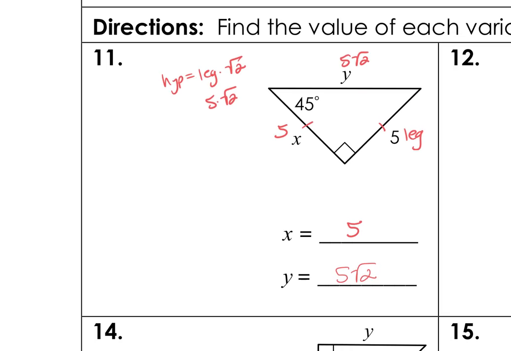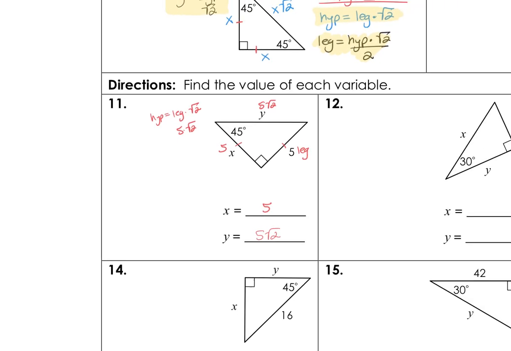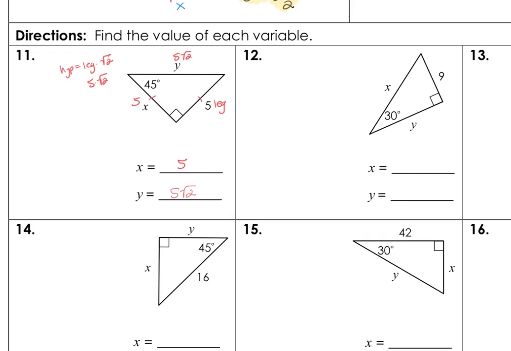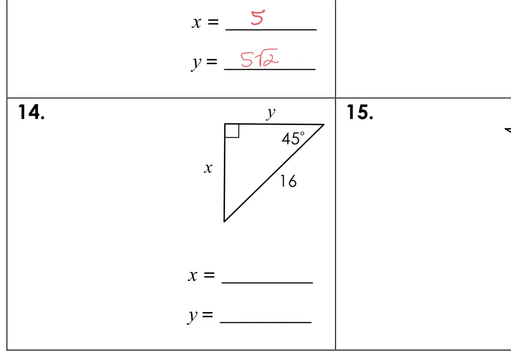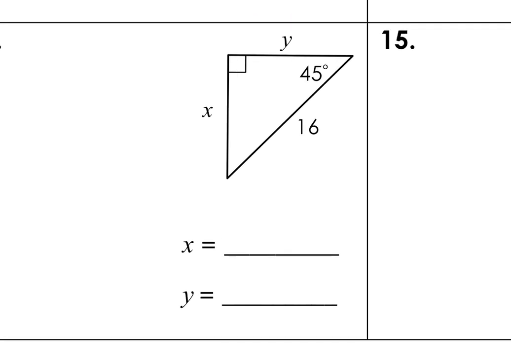Okay, let's take a look at number 14. Okay, this one's a little bit different because I don't have a leg. I have the hypotenuse. Now, if you would like to write in your ratios, you can do that.